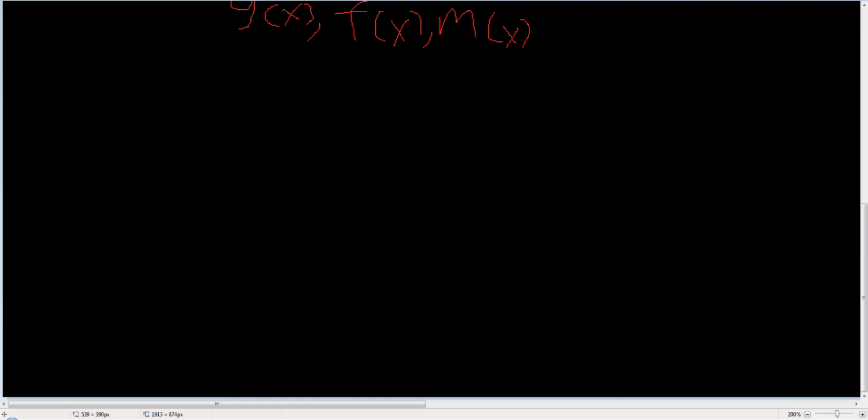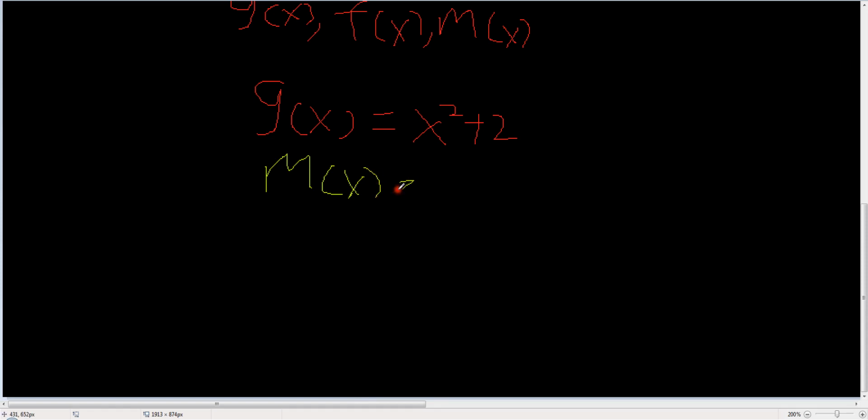So function g of x is equal to x squared plus 2, and m of x is equal to negative x squared plus 2.